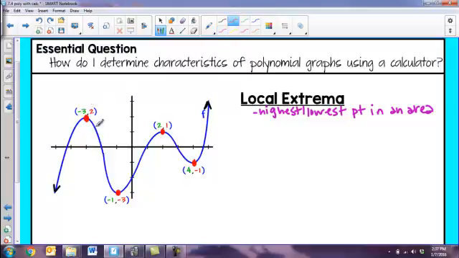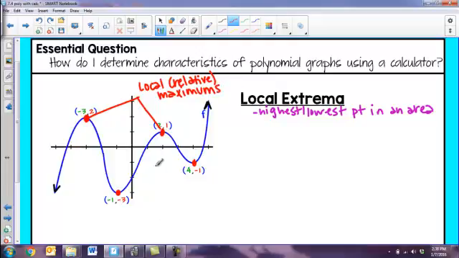So if I was asked to find a relative min or relative max, let's start with our maximums. These two guys, (-3, 2) and (2, 1), are going to be considered local or relative maximums, because they are a maximum point. However, they are not the maximum point of the graph.